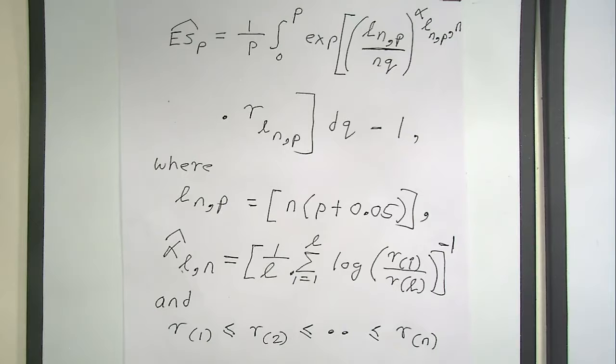The first two lines of the screen give you the estimator for ES, where ln p is defined as the integer part of n times this, and alpha hat l comma n is defined as this, and these numbers are the ordered values of the returns.